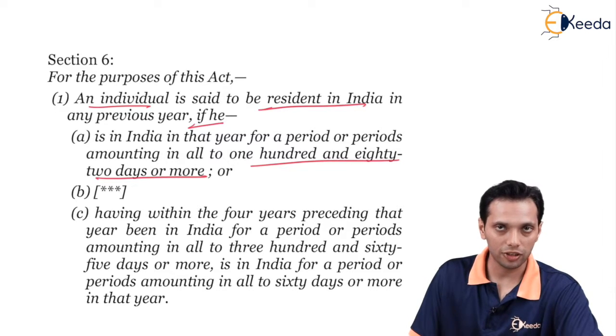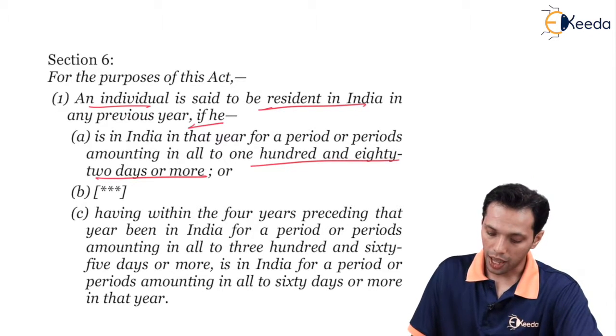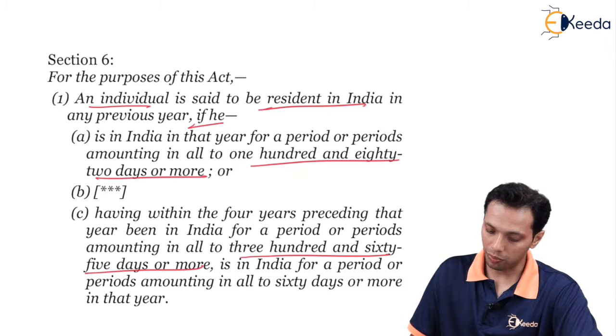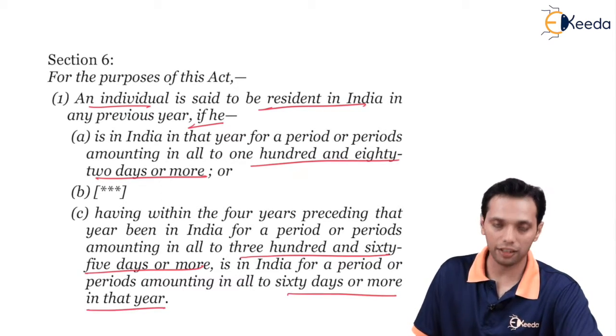So this is the first condition for residency. Having within the 4 years preceding the year been in India for a period or periods amounting in all to 365 days or more, is in India for a period or periods amounting in all to 60 days or more in that year.